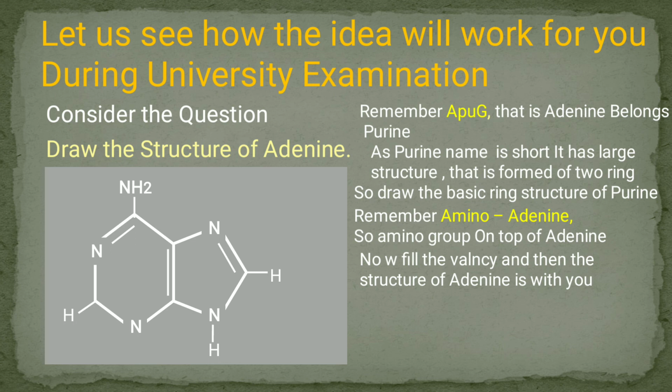That thing you have to remember. In case of the purines, we have to remember amino adenine because the adenine top part contains an amino group. So these are the ways you have to keep in mind by which you can avoid confusions and you can easily draw the structure and easily remember the names of purines and pyrimidines.